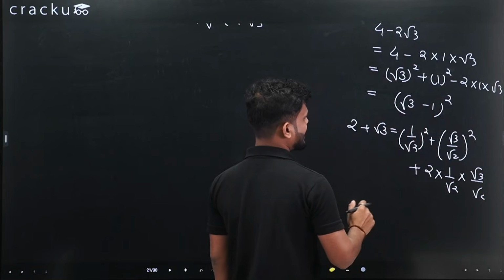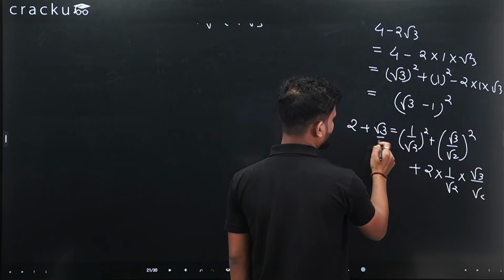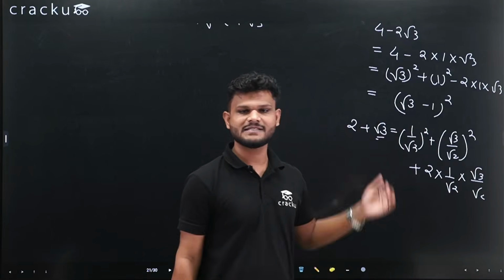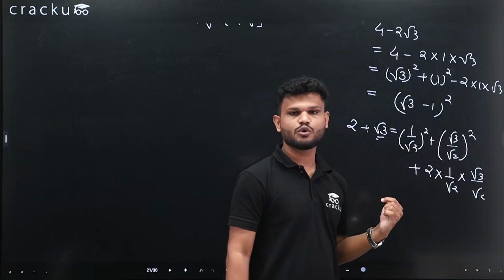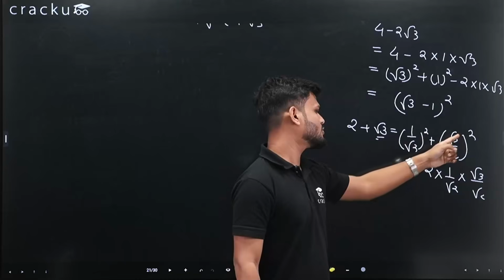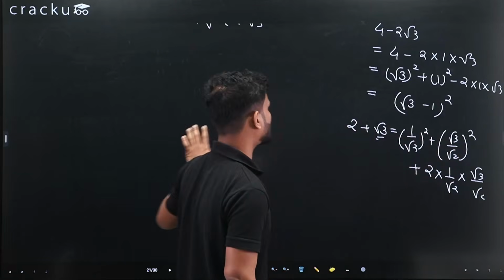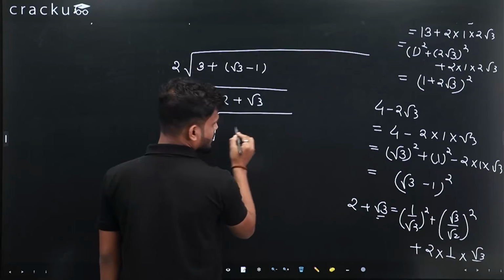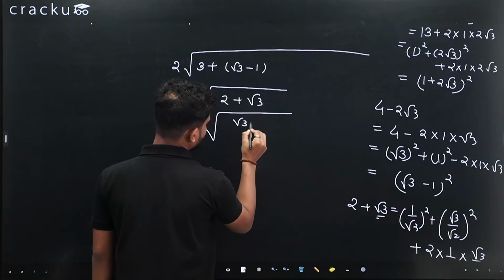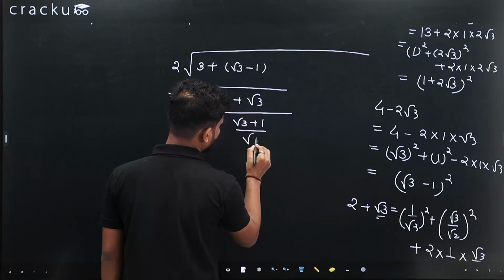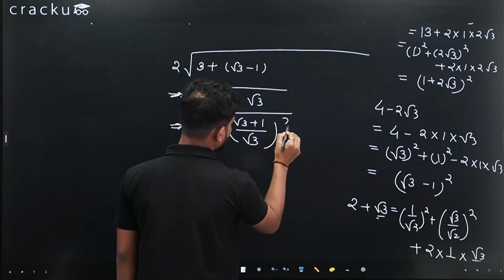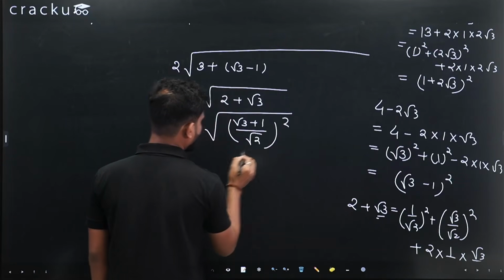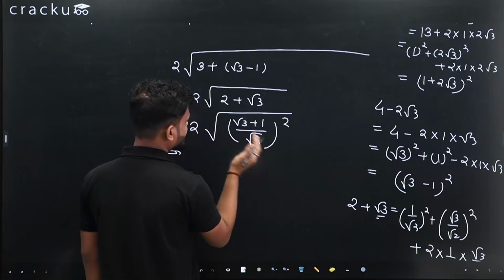This root 2 will get cancelled with this 2, it will be root 3. 1 by root 2 whole square is 1 by 2. Root 3 by root 2 whole square is what? It is 3 by 2. So 3 plus 1 divided by 2, it will be 2. So this is nothing but 2 into root 3 plus 1 divided by root 2 whole square, right? So this will be what? This will come out.